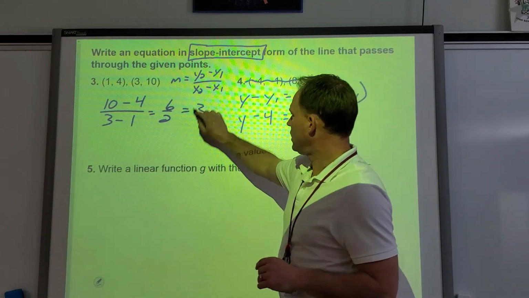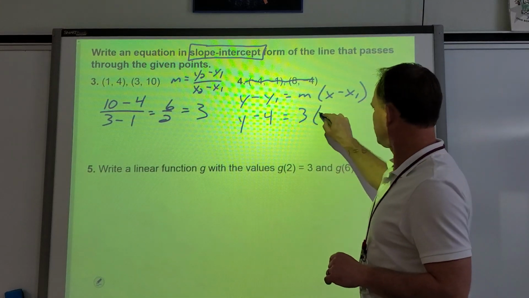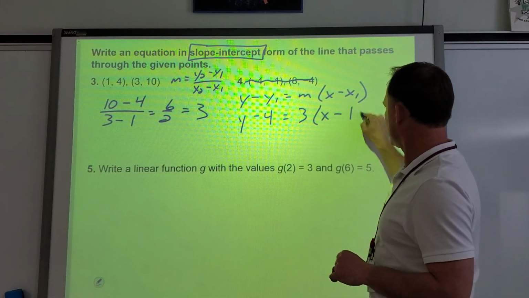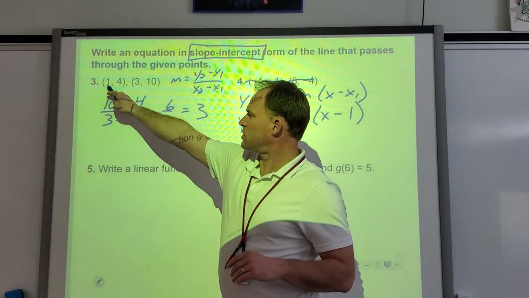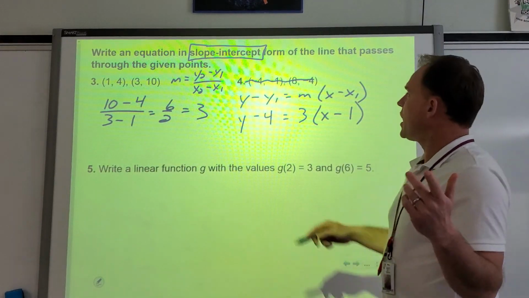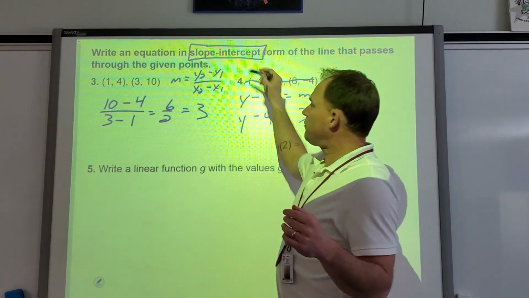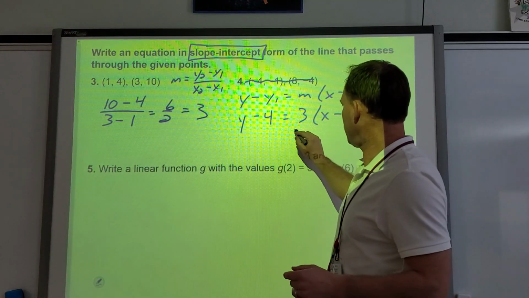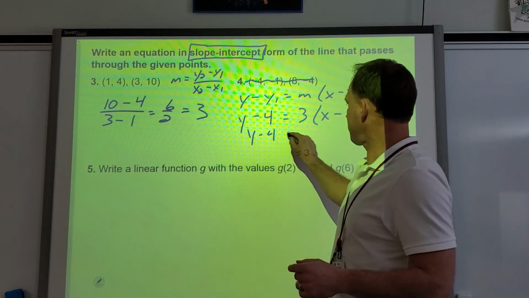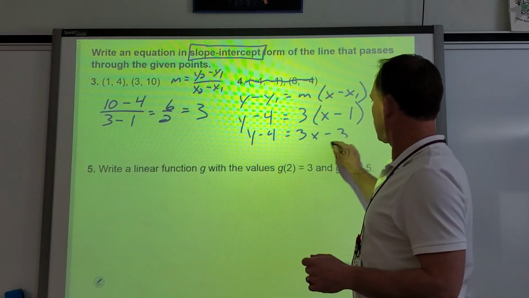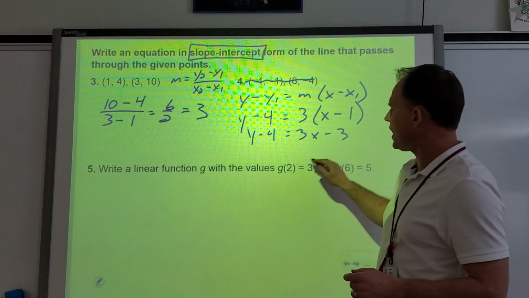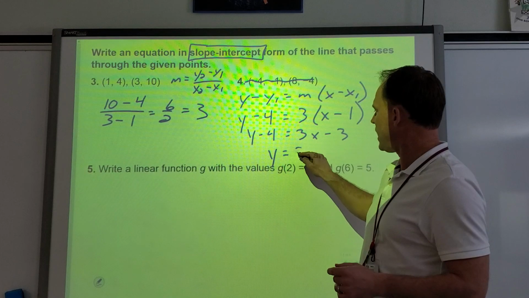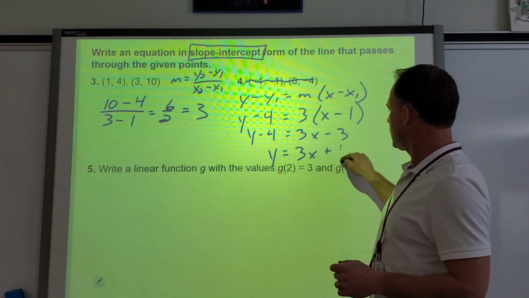The slope, I figured out. First x. So now they told me slope-intercept form. So remember, I got to do the work to get it in slope-intercept form. Distribute. Add 4 to both sides to get y by itself.